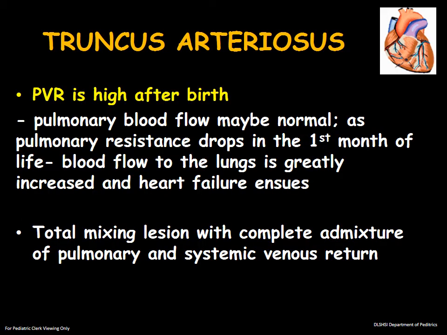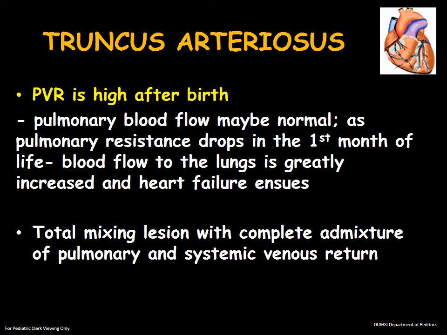Pulmonary vascular resistance is usually high at birth, so the symptoms of patients are usually manifested as resistance drops during the first month of life, and there will be increased flow, thus heart failure ensues.